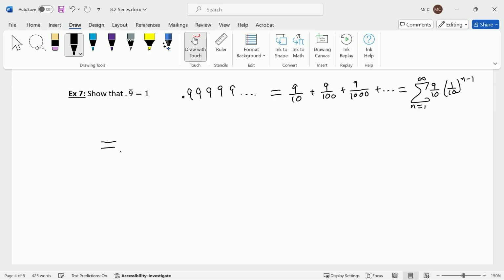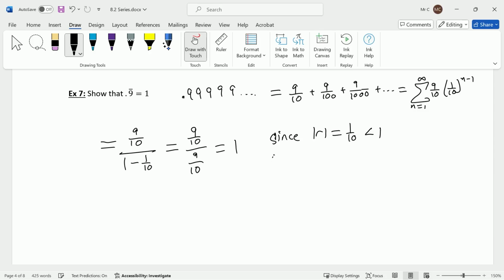Now I can apply my geometric series theorem, and I get 9/10 over 1 minus 1/10, which is 9/10 over 9/10, which is 1. And again, this is since the absolute value of r is 1/10, which is less than 1, by the geometric series theorem.